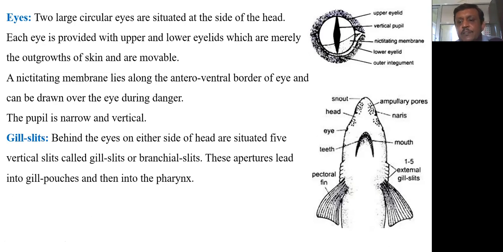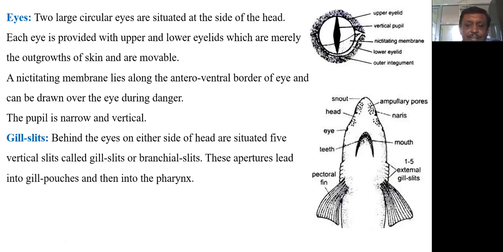Then next part is gill slits. So behind the eyes, on either side of the head, as we can see in the diagram, are situated 5 vertical gill slits, which are also labeled as 1 to 5 external gill slits. These are externally present, so they are 1 to 5 vertical slits, which are called gill slits or branchial slits.